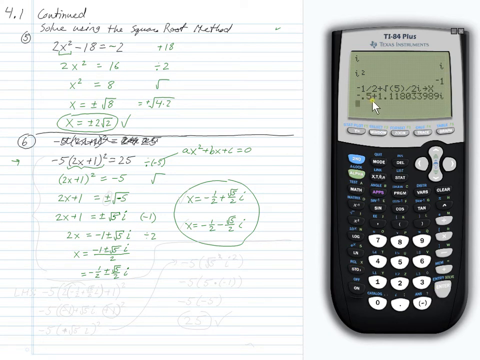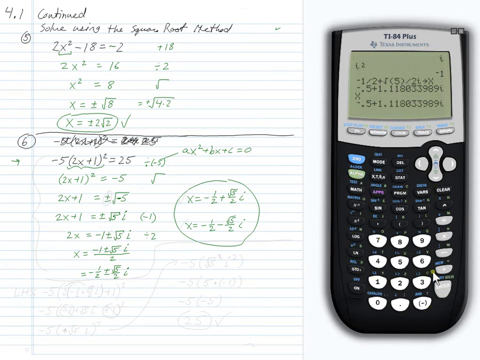So you have -0.5 plus 1.118033989i. Well, that 1.11, etc., is an approximation of the square root of 5 over 2. So this is exactly the same number we typed in. I will store that as x.